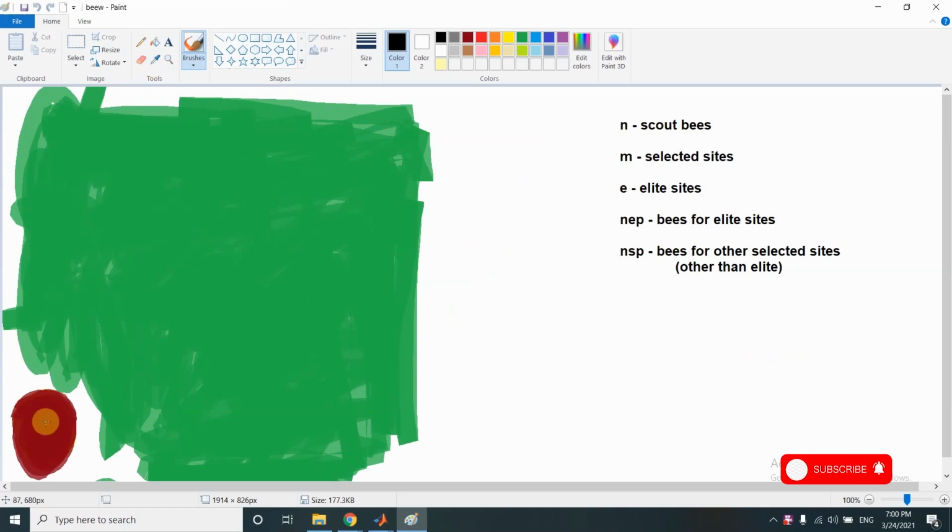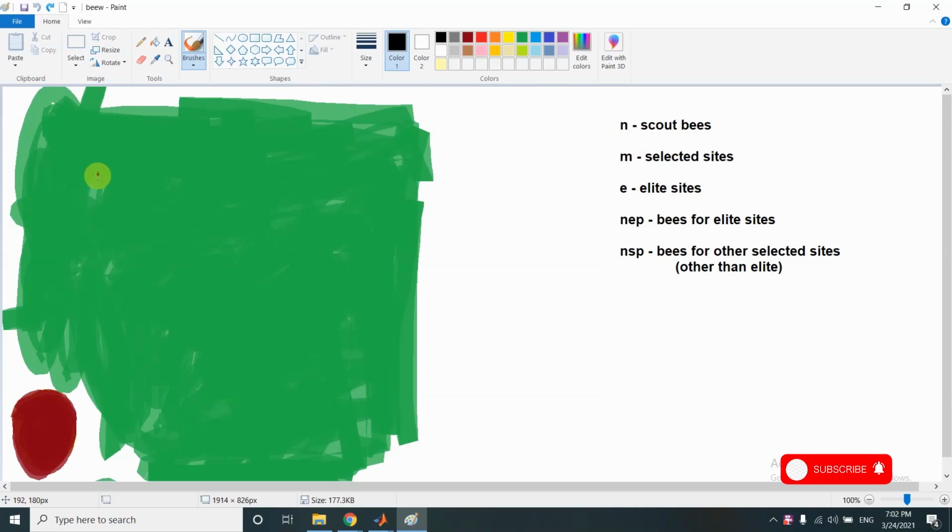So let's say that this is a beehive and this is an open field. There may be several different food locations inside this field. At the start of the algorithm, some scout bees are sent in random directions to search for the food. Let's say that n scout bees are sent to look for the food.